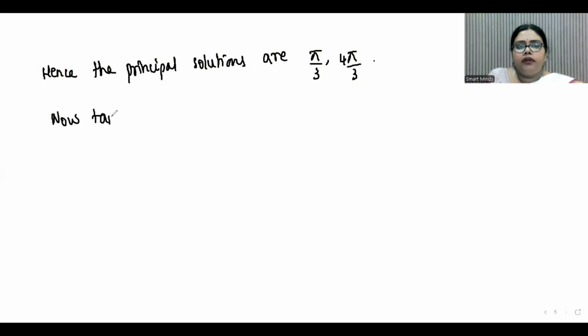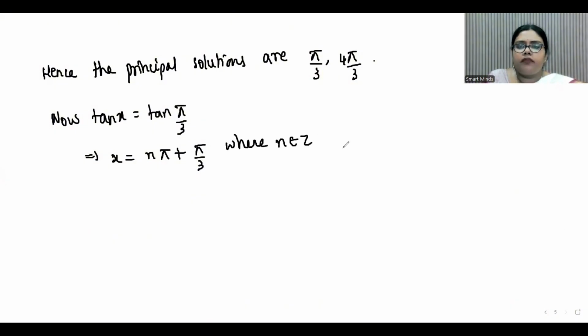Now, tan x equals tan pi by 3. Then what is the general solution? The general solution is x equals n pi plus pi by 3, where n belongs to Z. This is the general solution.